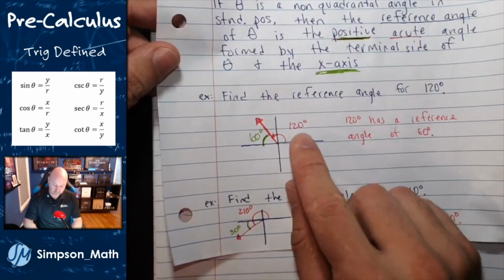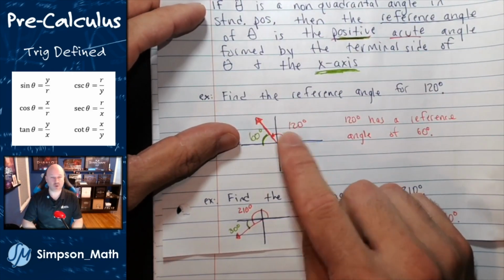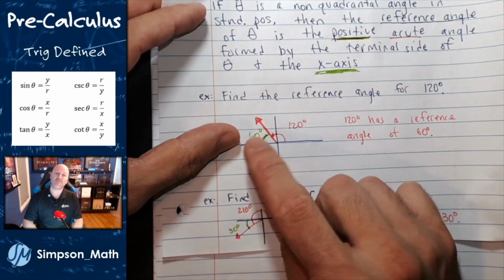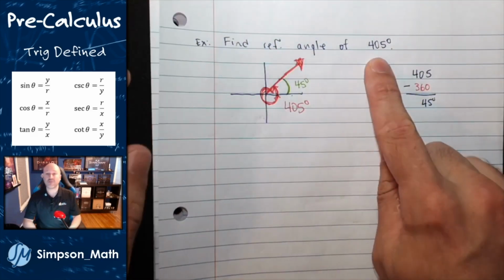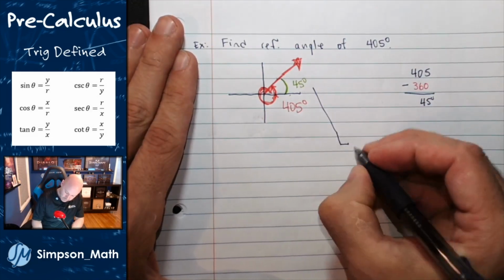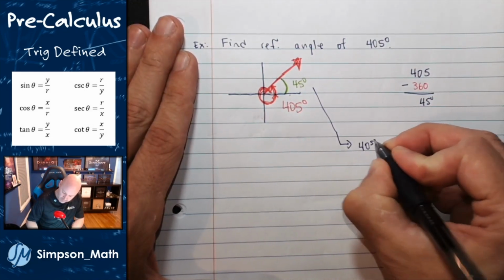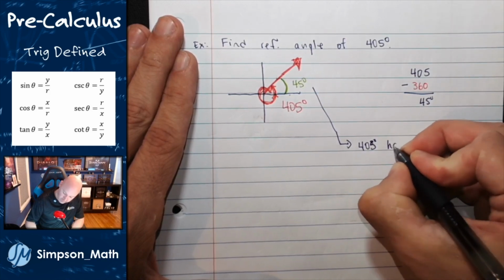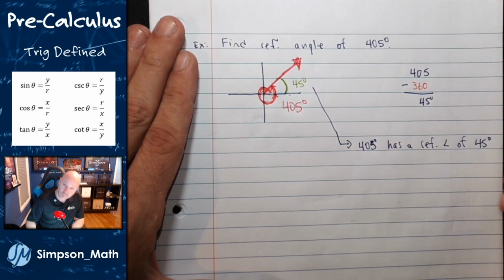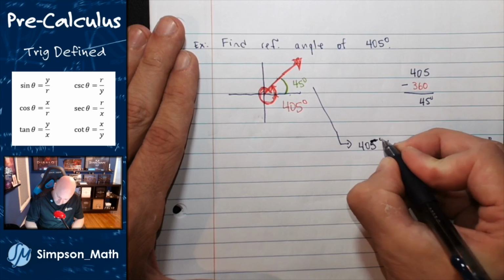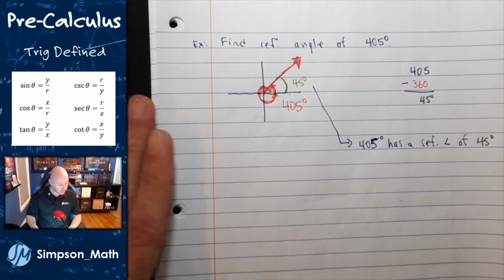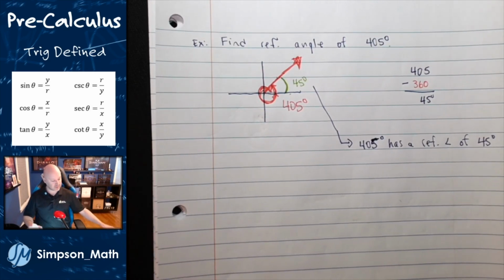Like in the previous example, 120 and 60, those are not coterminal angles. 60 degrees lies in quadrant 1. 120 has a reference angle of 60. 405 has a reference angle of 45 degrees, which just happens to be coterminal to 45. Two different things though. All right, those are reference angles.